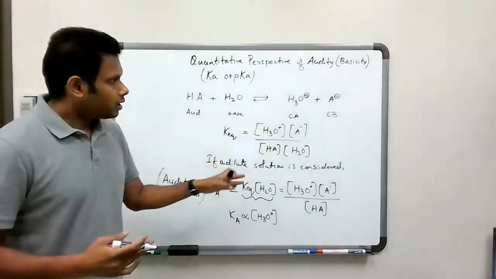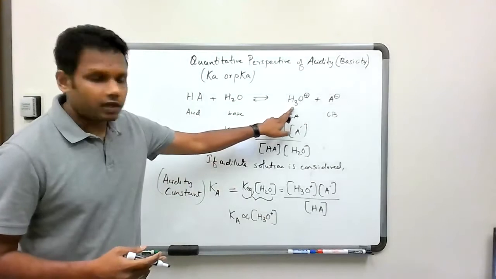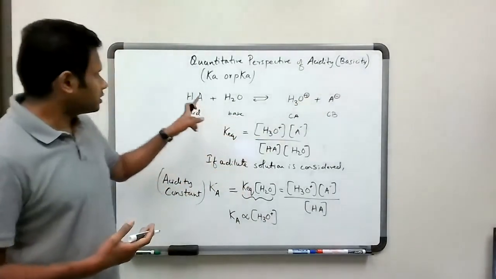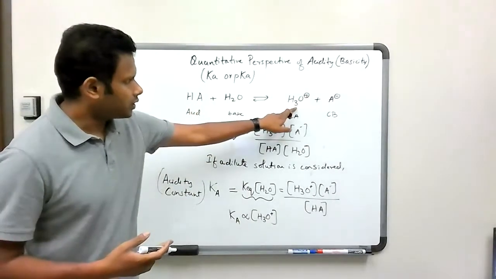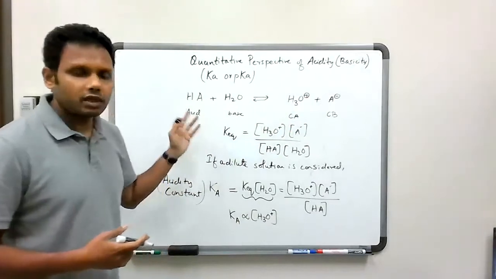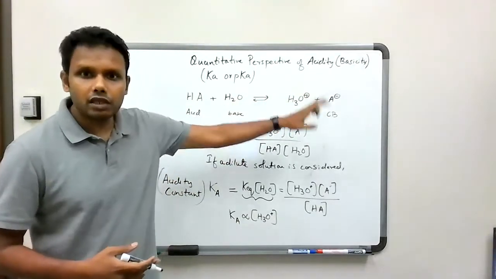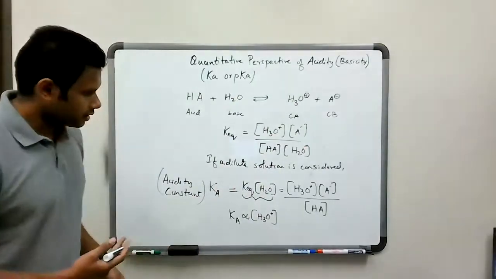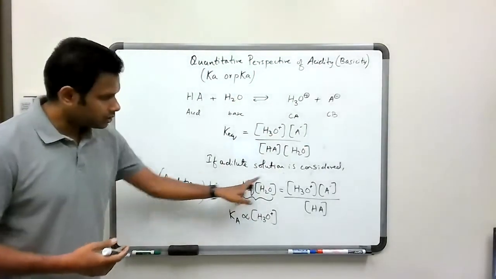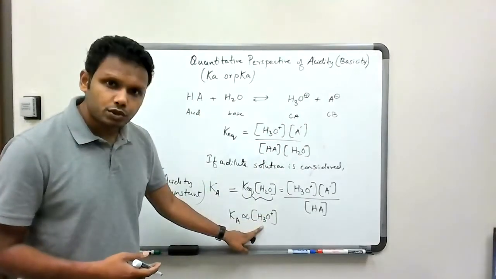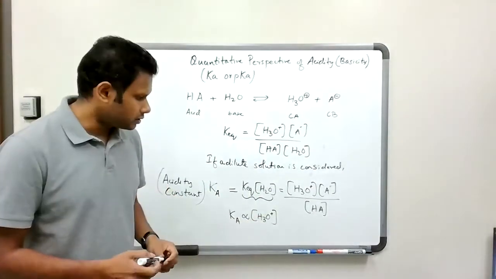The concentration of the hydronium ion would always be equal to the concentration of the A minus, because both the proton and the A minus are coming from HA. So they will be generated in equal amounts always, unless there is something else secondary going on. So the Ka is basically proportional to the hydronium ion concentration.